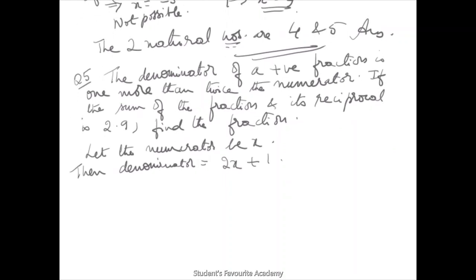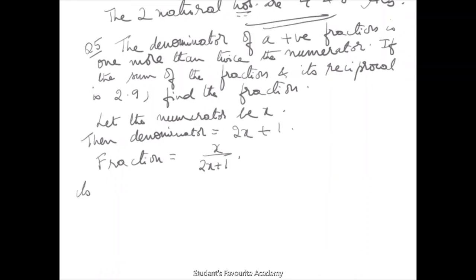Now the fraction will become x upon 2x plus 1. Now its reciprocal will be 2x plus 1 upon x. This would be the reciprocal.